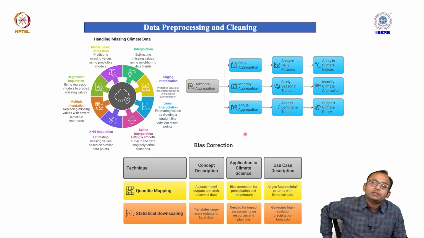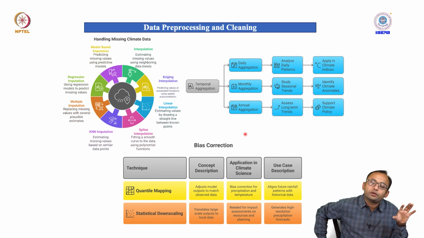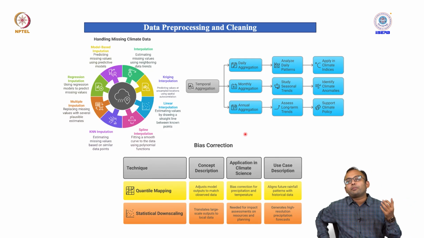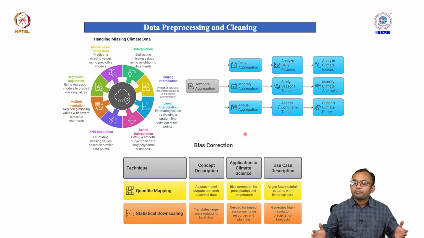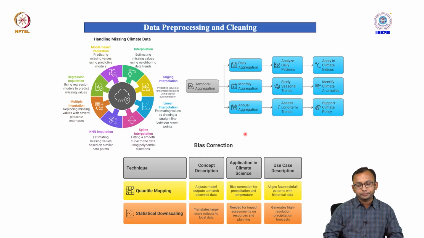Because climate models are developed in a certain region, focusing on Europe or America, or maybe the models have some processes which do not accurately represent the ground conditions. Because of these inhomogeneities, or a lack of information, the data produced by climate models might have some uncertainty compared with ground observations.